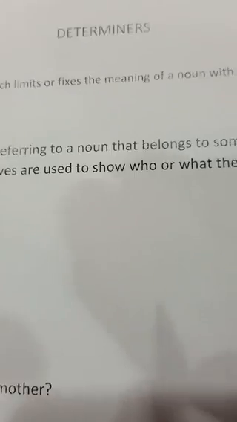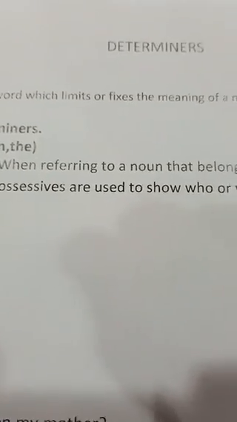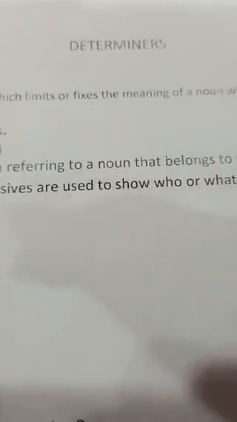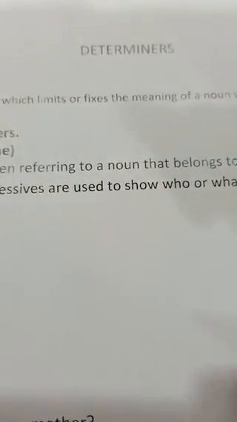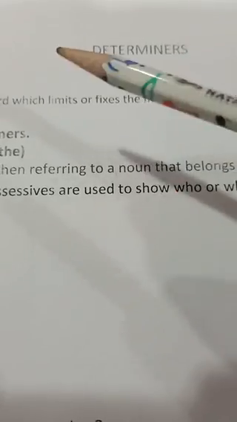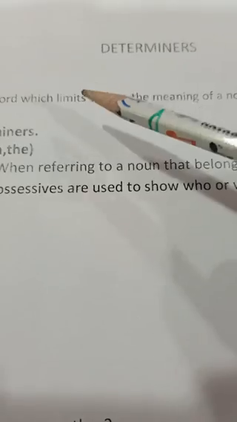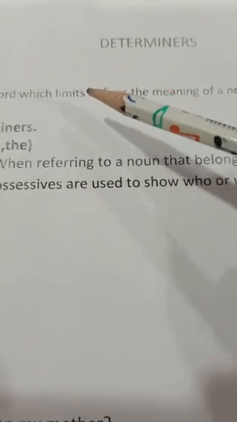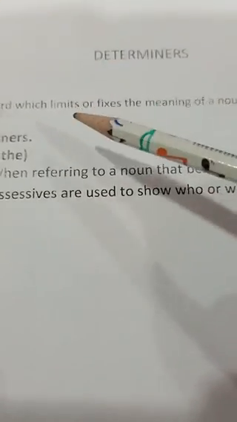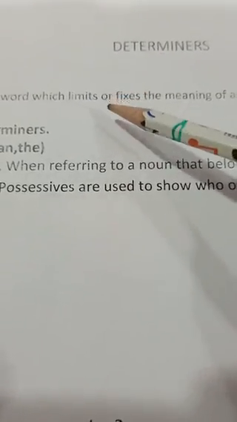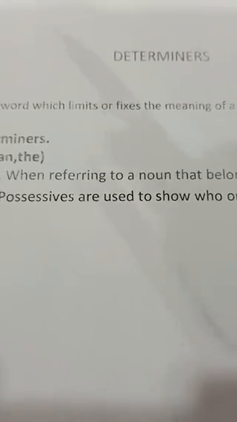Understood? Next, you can say I have 10 chocolates. Here again 10 is a determiner. Now 10 is a limit: how many chocolates are you having? You are having 10 chocolates. So a determiner is a word which gives limits or fixes the meaning of a noun.